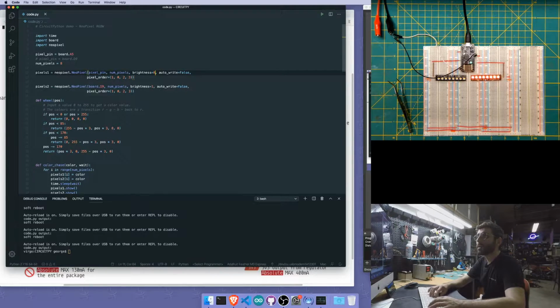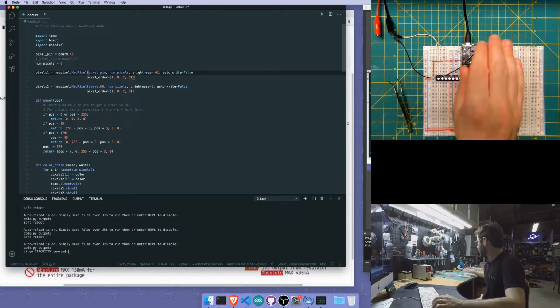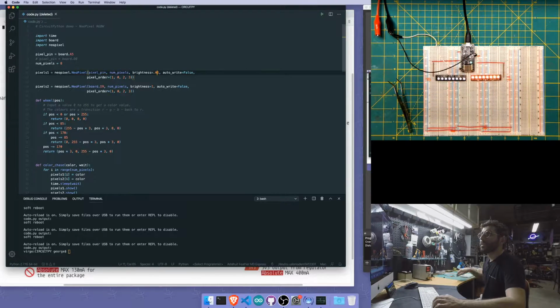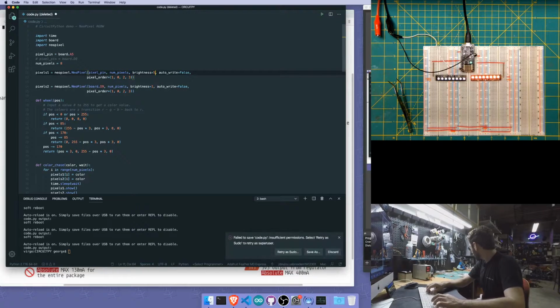Yeah, okay. So 0.00. And how low can we go with the brightness adjustment? I don't know, is it even a float? Yeah, okay, so that's pretty dim. I mean, I guess you can't go over 1, right?